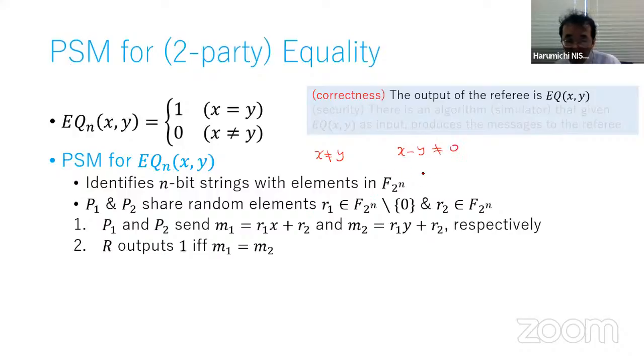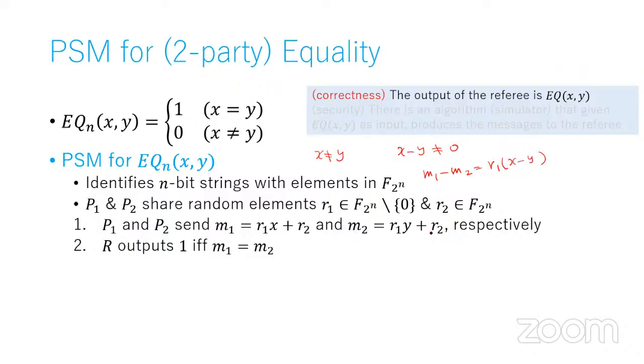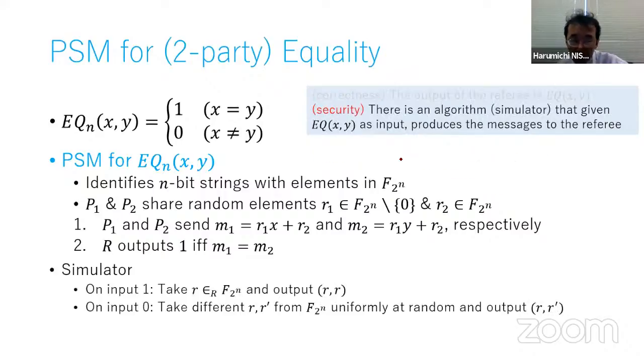So M1 minus M2 is R1 times (X minus Y), and R2 is eliminated. So this is non-zero, and R1 is non-zero, so the product is non-zero. On the other hand, security needs more consideration.